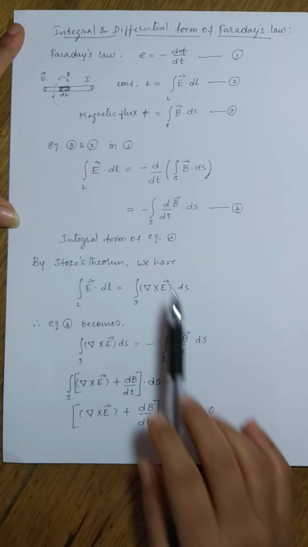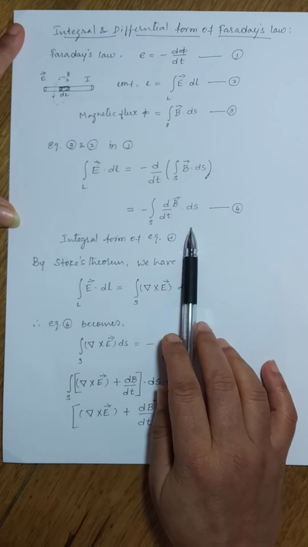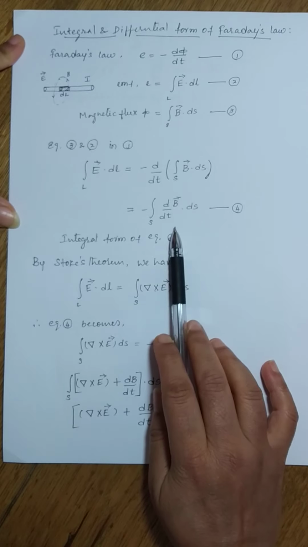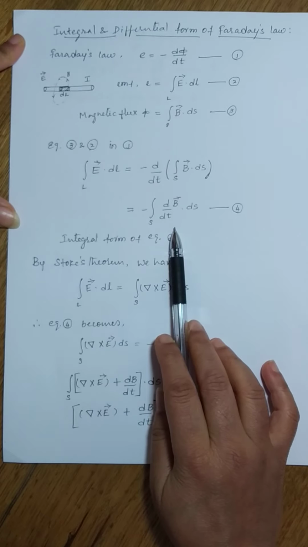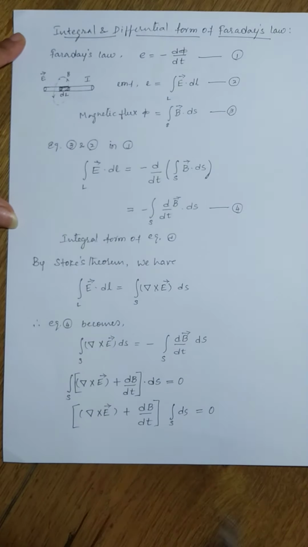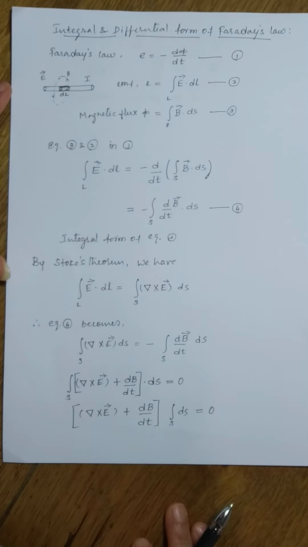The right hand side represents the rate of change of the magnetic field vector B with respect to time through a surface of area S. This is the integral form of equation 1, or Faraday's law.